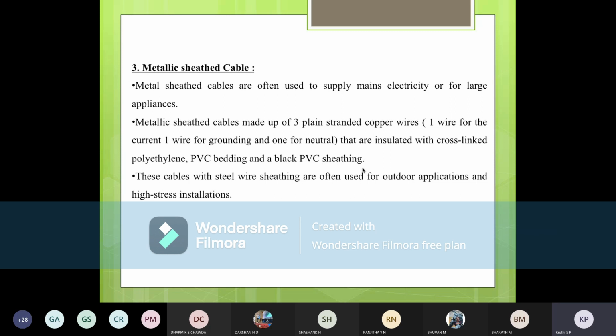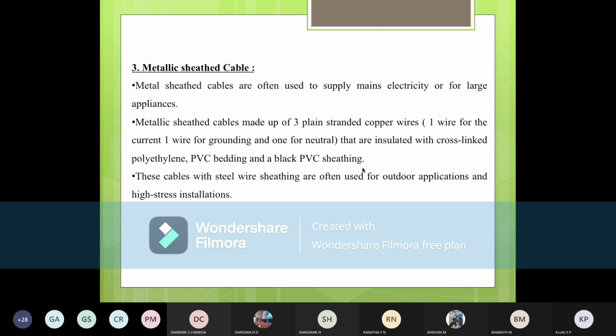But here we are discussing metallic sheathed cable. The conductors are separately insulated with a plastic layer, which is surrounded by a metallic sheet for extra protection, and this metallic sheet can be braided, twisted, or a solid pipe-like structure, depending on the conductor usage.